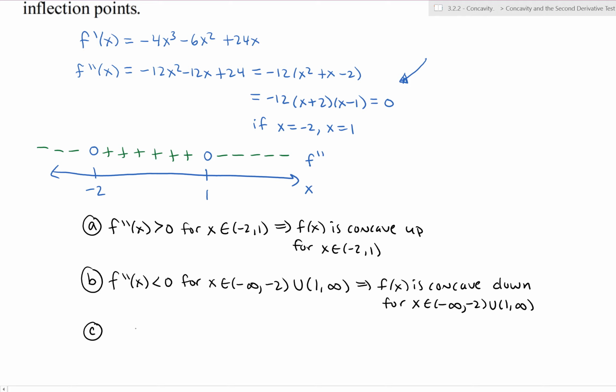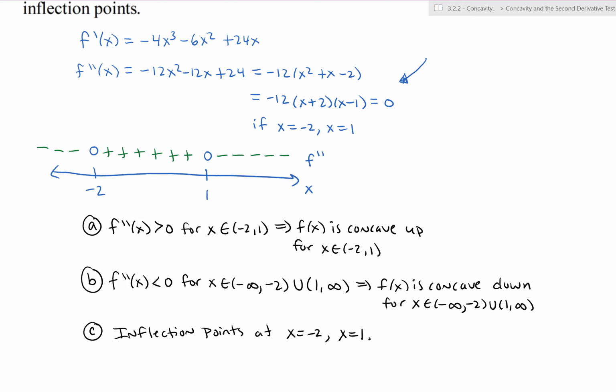And for that reason, the function itself has inflection points at x is equal to negative 2 and also at x is equal to 1, because we see in the sign chart right there, its second derivative is changing signs.